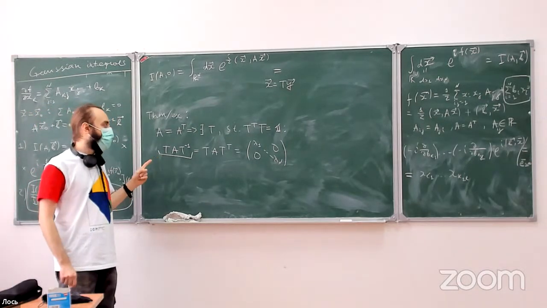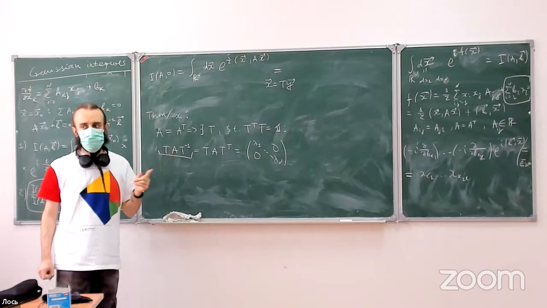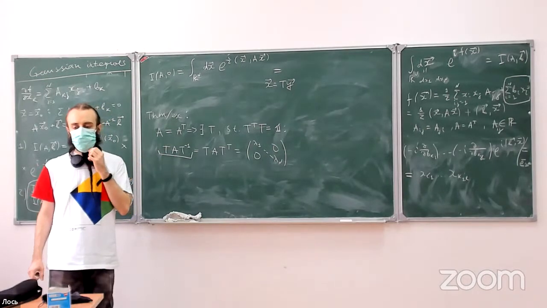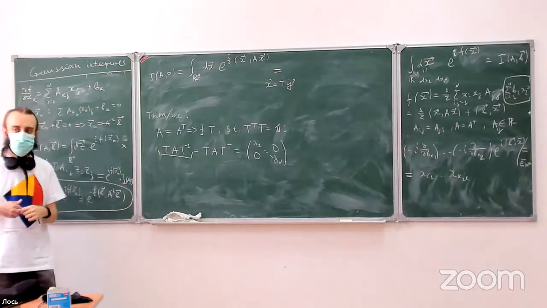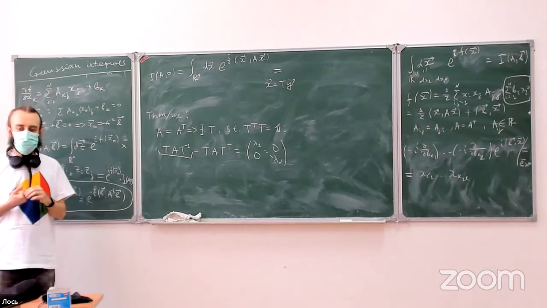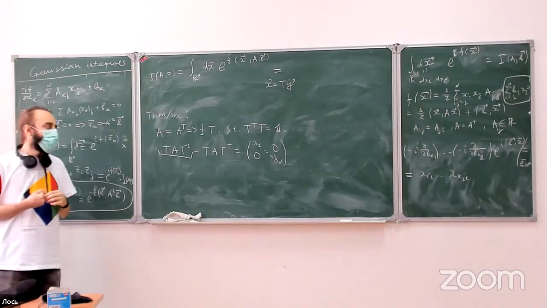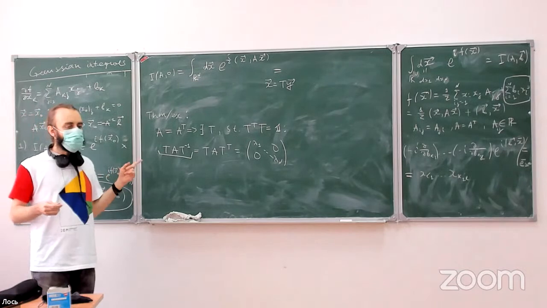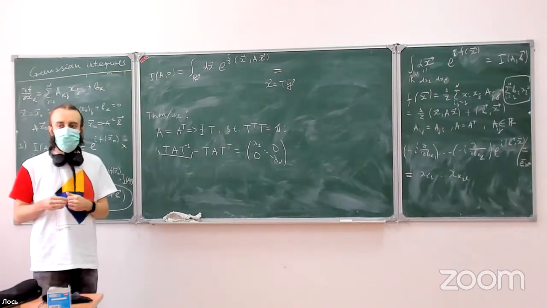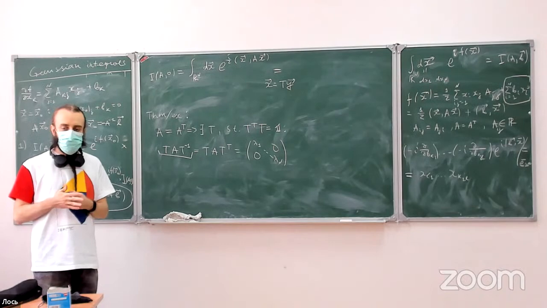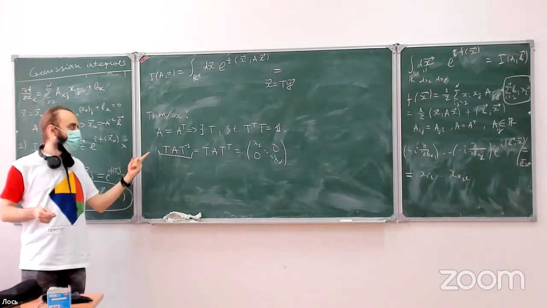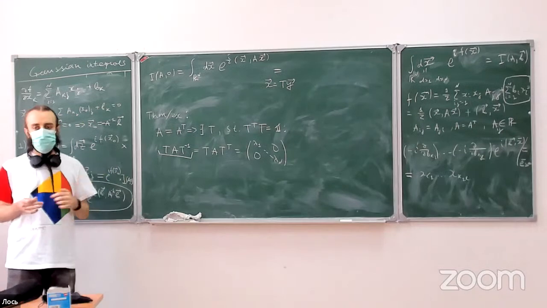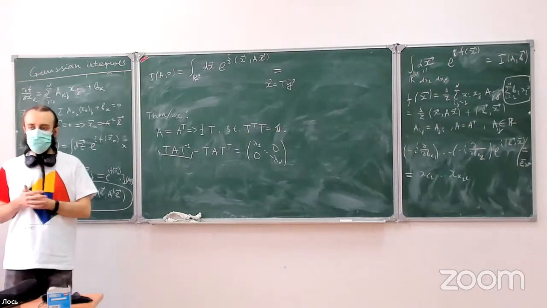But the point is that if a matrix is symmetric, then no Jordan forms. It can be just diagonalized. So do you know how to prove that you can always diagonalize a symmetric matrix, and that it can be diagonalized by orthogonal transformations?